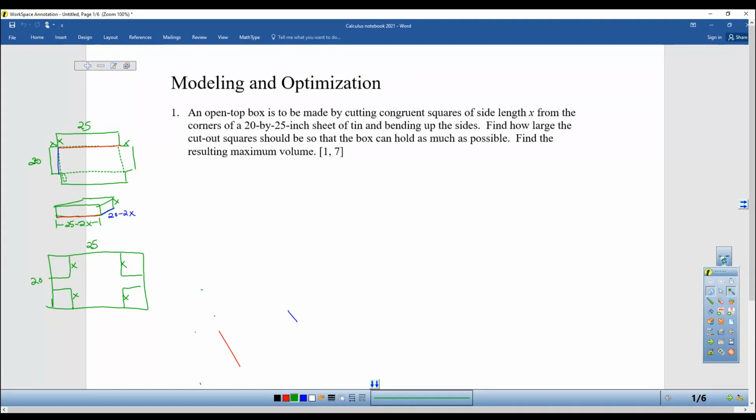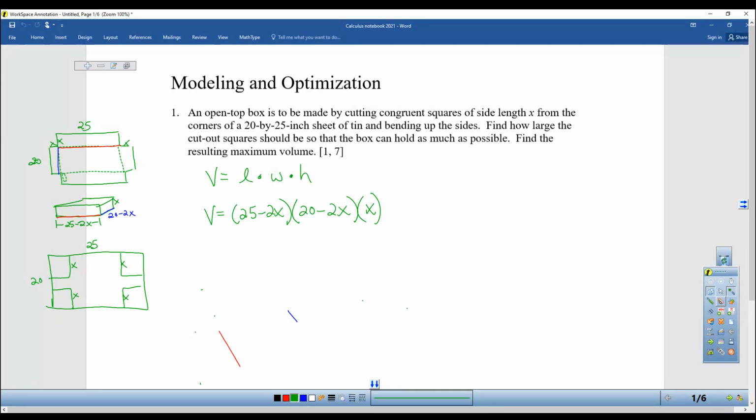So your volume is going to be length times width times height. But I'm going to rewrite it as length 25 minus 2x times width, which is 20 minus 2x, times the height, which after you fold these little corners up is going to be x.